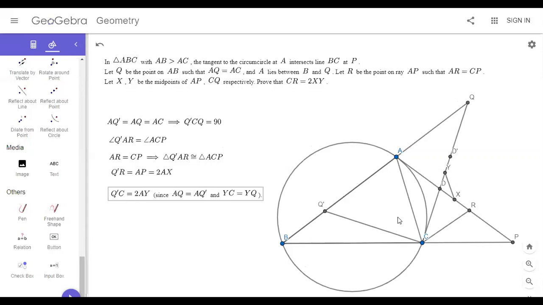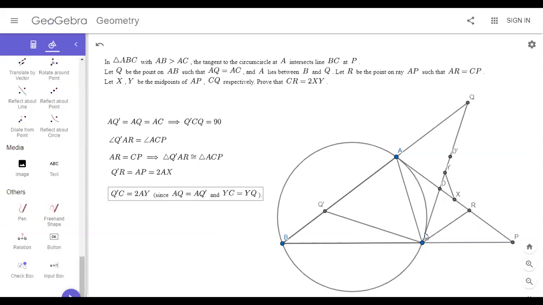All right, let me see. Can we show that angle RCY is equal to angle DYX? Okay, we want to show that angle RCQ is equal to angle AYX, but both of them have sort of a 90-degree angle contained in them, right?